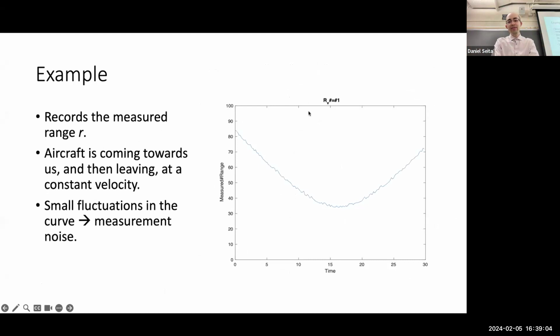Another thing that you might see is that this kind of plot is characteristic of the result you might get when you're trying to estimate the range.